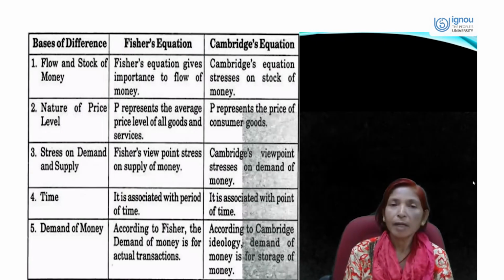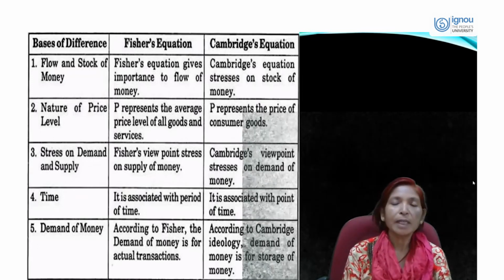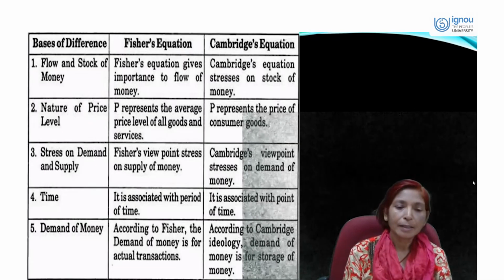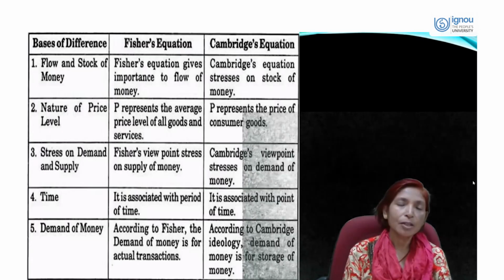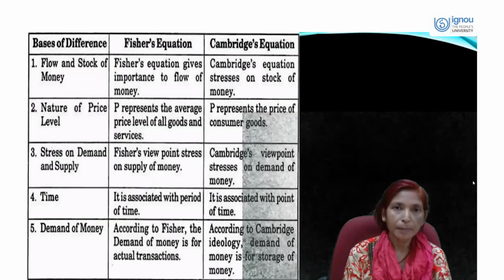Now next is demand for money. According to Fisher, the demand for money is actually for transaction purpose only. Fisher said that money is demanded by the country's people for transaction purpose only, not for any other purpose.